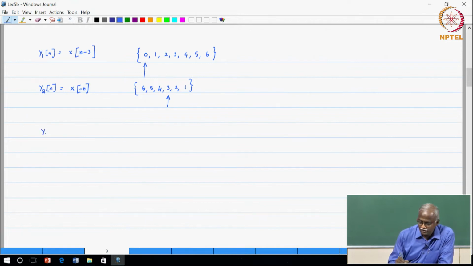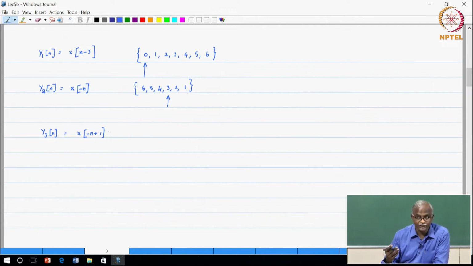Then the interesting cases come at 3, 4 and 5, x of minus n plus 1. Again, there are several ways to do it. There's the shift operation, and there's a time reversal operation. As we always emphasize in the DSP course, it is always easier to do the shift first, because otherwise the shift becomes a little bit tricky to handle.